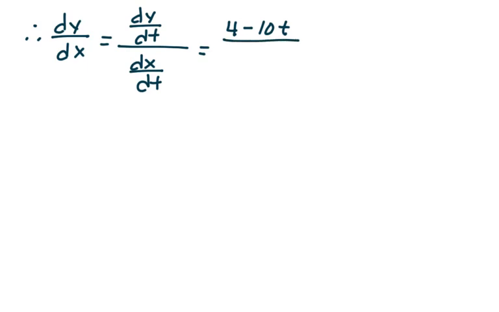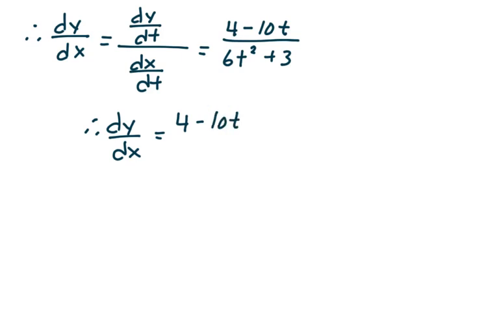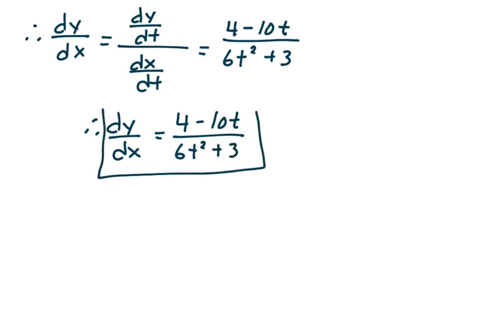And the denominator will be 6t squared plus 3. So therefore, dy/dx, I'll just write it more formally here, is 4 minus 10t divided by 6t squared plus 3. And that's example 1.